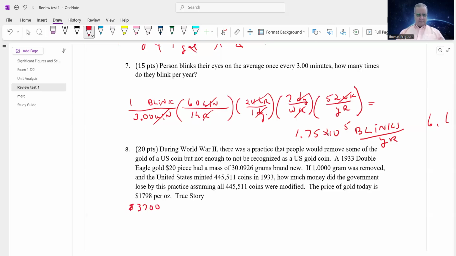Okay, so what do we start with? Yeah, 30.0926. Okay, that's how many grams are in a coin. But the deal is how much did the government lose?